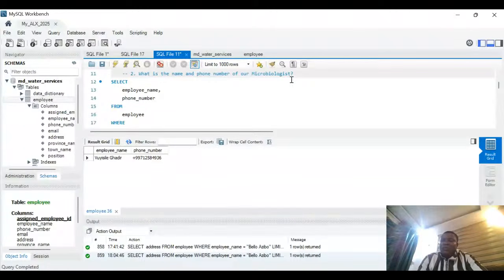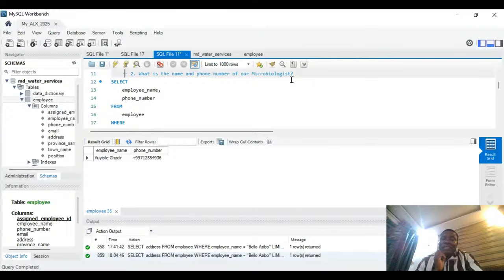The data dictionary table gives you a directory of all the tables and what they consist of. So if for any reason you don't know where to find or which table to refer to, you can write another code where you query the data dictionary to tell you which table actually has the name or phone number, and where you can find microbiologists.